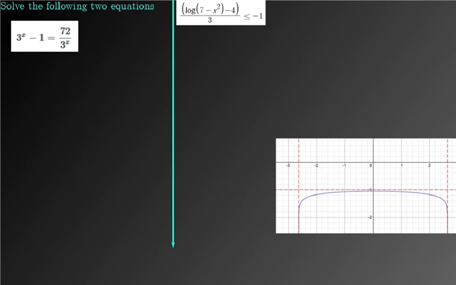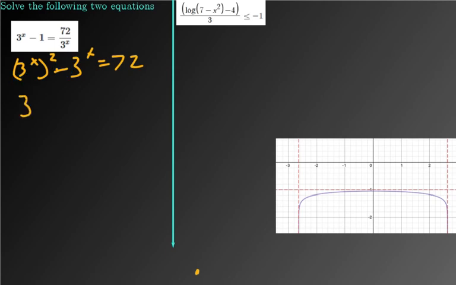So this first one, I don't like the fraction, so I'm going to get rid of the fraction. I'm going to multiply by 3 to the x, okay? So over here I'll have 3 to the x squared, and then minus 3 to the x equals 72, right? Then what I'm going to do is move this all to one side.